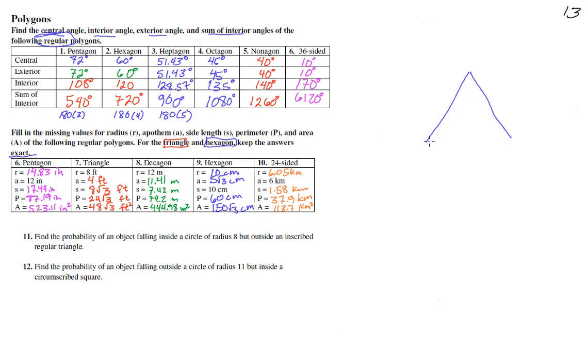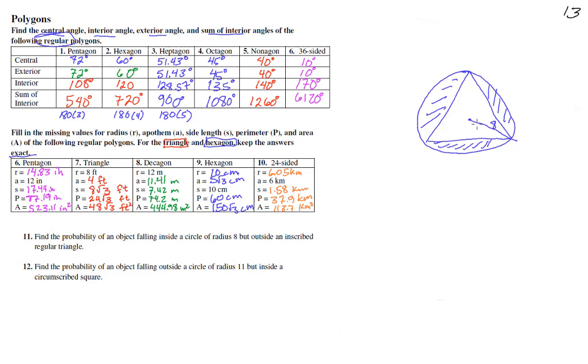So if we have a triangle right here and we have a circle, you've got a radius of 8, and we need to find the probability of an object falling outside the inscribed triangle, but inside the circle. So we're going to be taking the area of this shaded thing over the pi r squared. So we've got to find the area of this triangle and subtract it out.